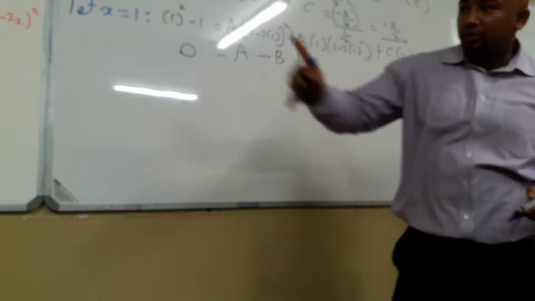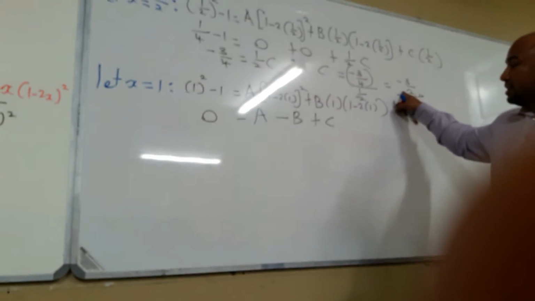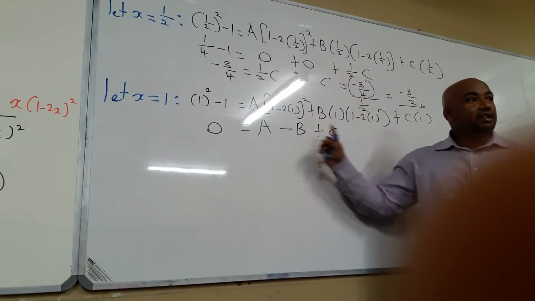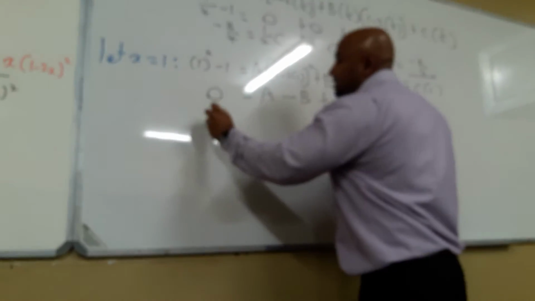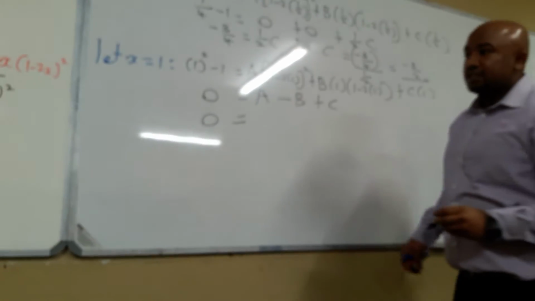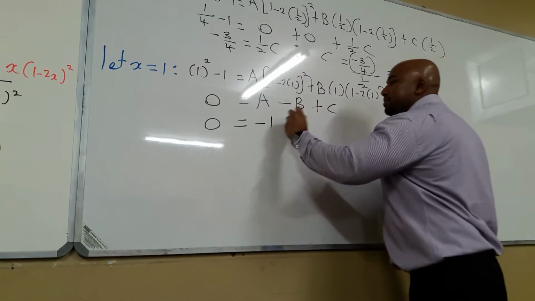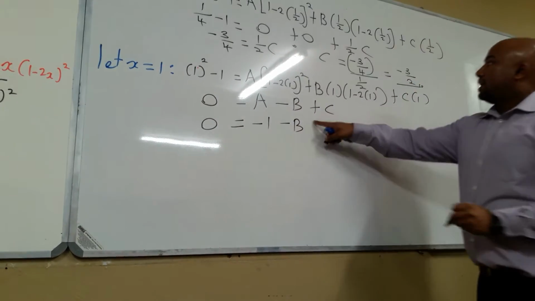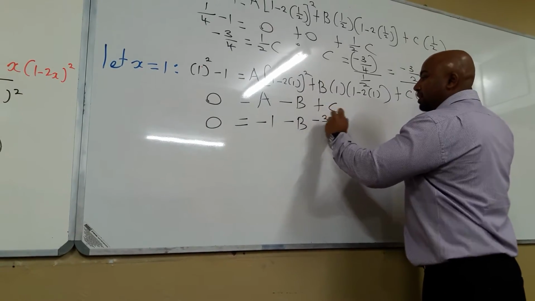So we already found a. We found c. That means we can substitute for a and c, and then we will find b. So let's do that. So 0 is equal to a, which is minus 1, minus b plus c. What was c? Minus 3 over 2.